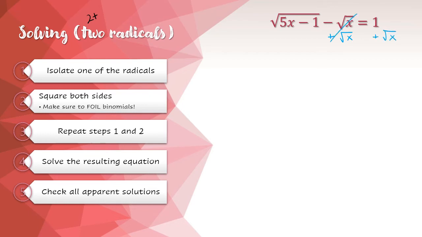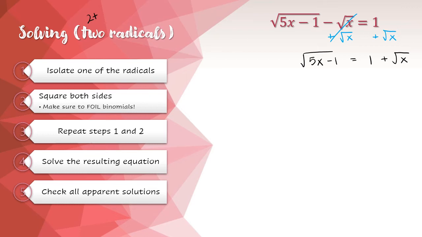We cancel it on the left, so we have isolated the square root of 5x minus 1 on the left. We have 1 plus the square root of x on the right. Okay, so that's step 1, pretty similar to before.